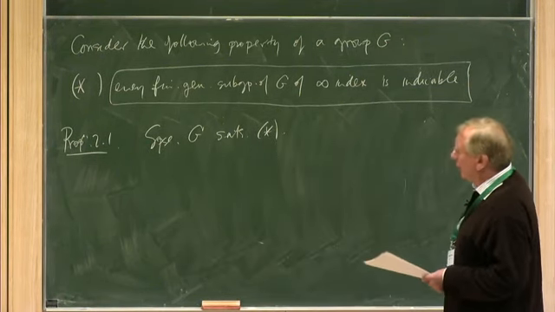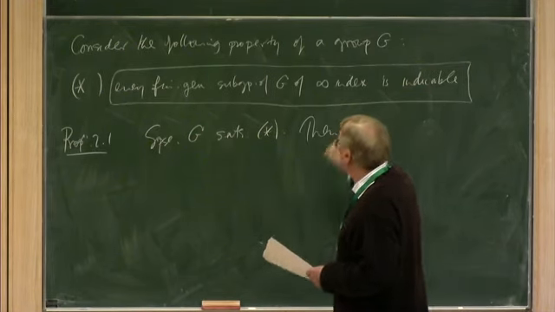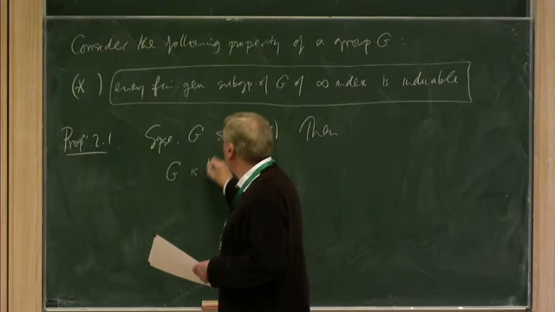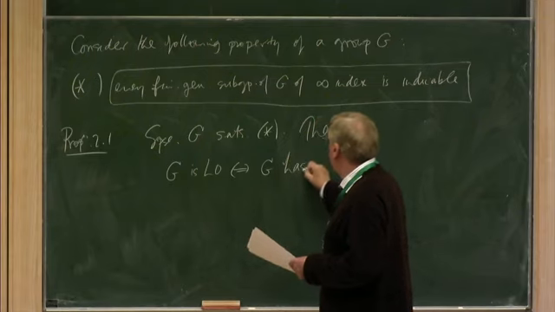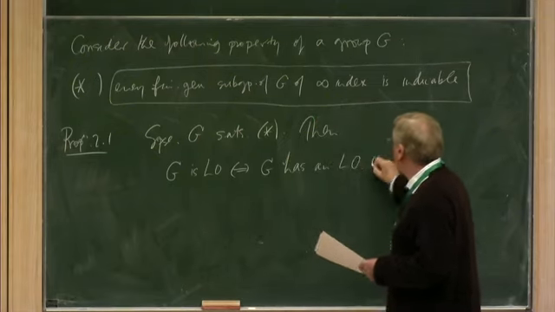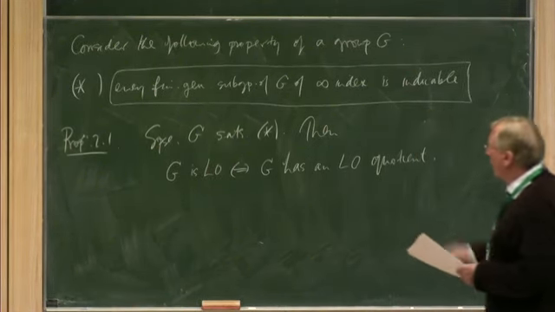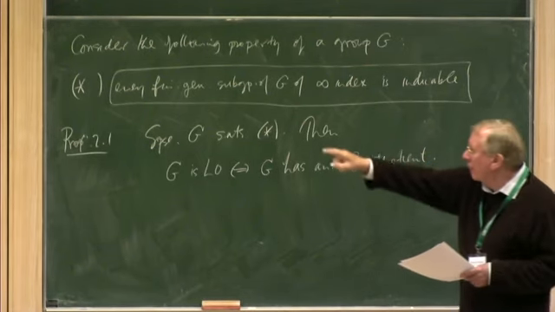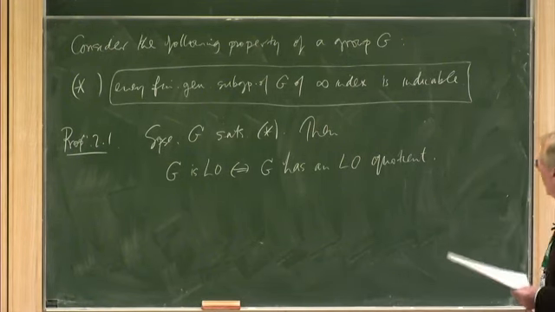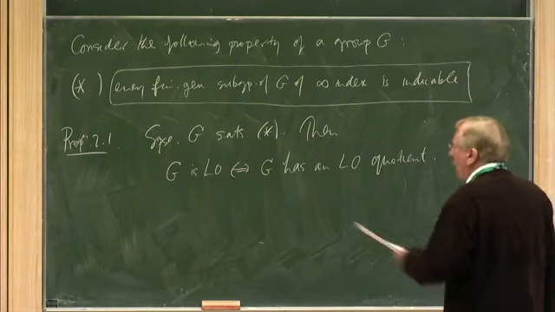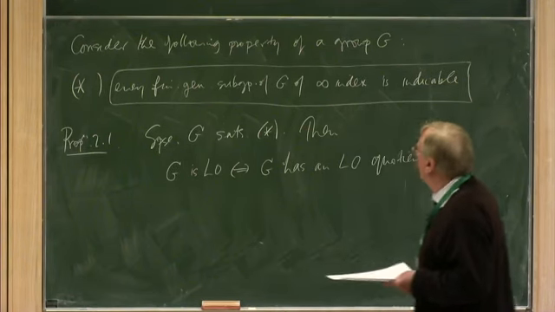Then I claim that G is left orderable if and only if G has a left orderable quotient. And remember, we're now making the convention that the trivial group is not left orderable, so that's okay. This is very easy. We're going to use the Burns-Hale theorem.